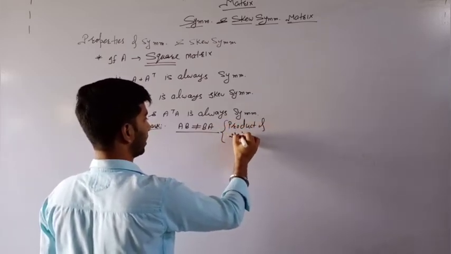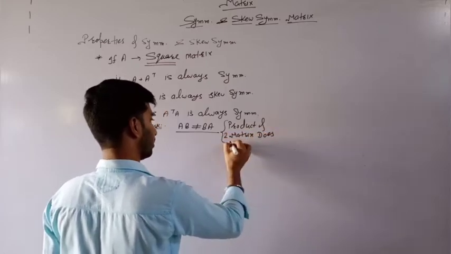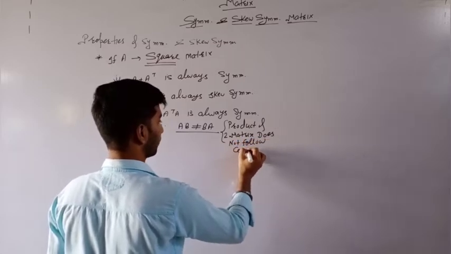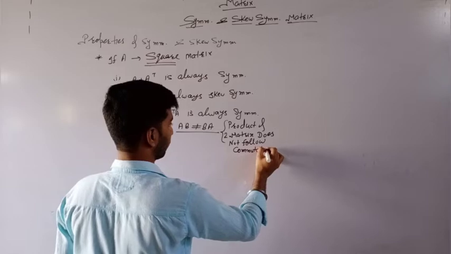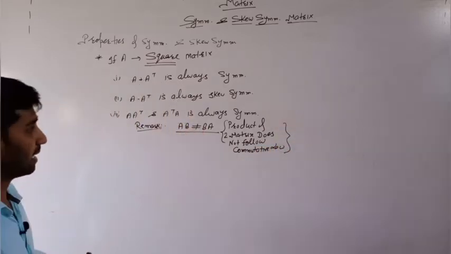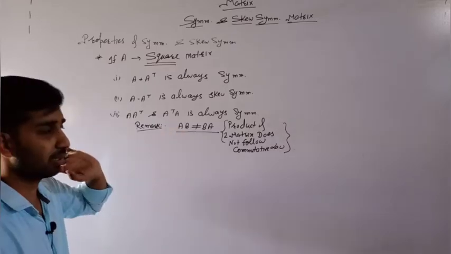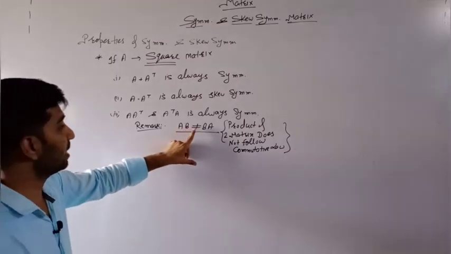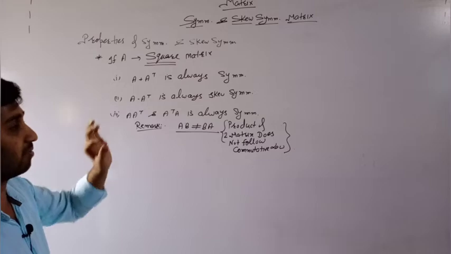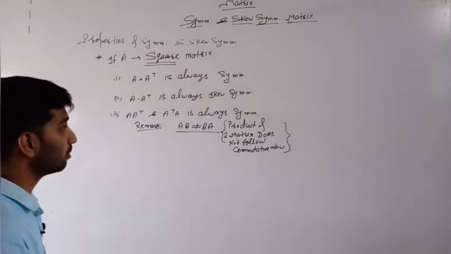It depends upon the conditions on A and B. Normally we can say that AB is not equal to BA. AB may be equal to BA, but only when we apply some condition.